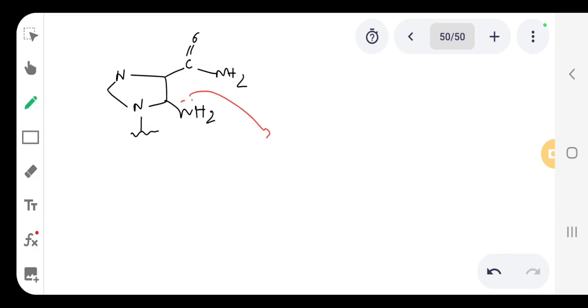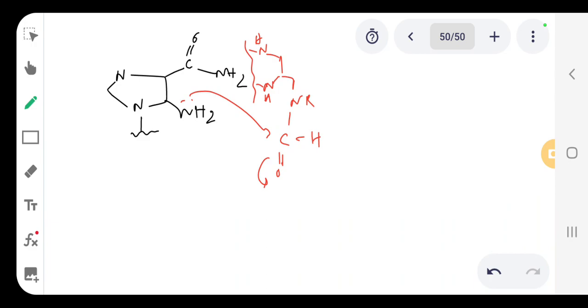This NH2 will attack the C double bond OH in R and the coenzyme part. There will be NH. I'm not writing it down again. So this is the coenzyme, and it will attack here.